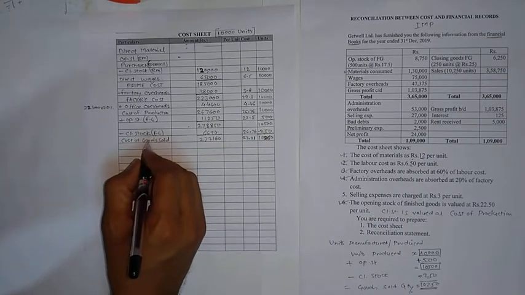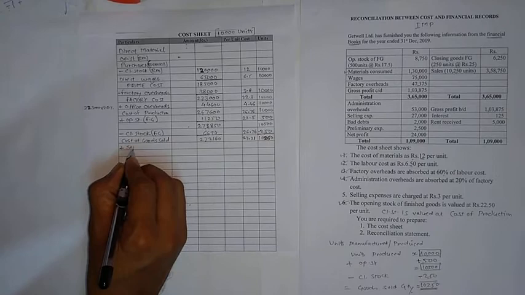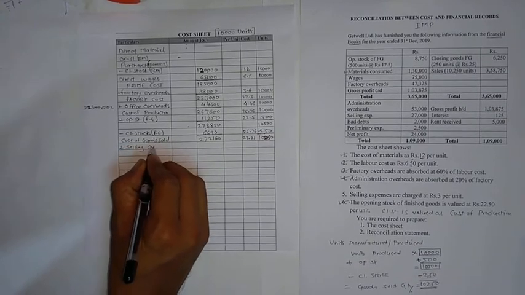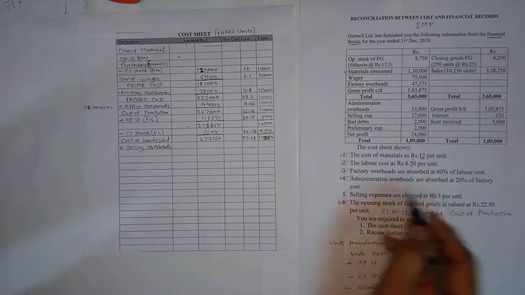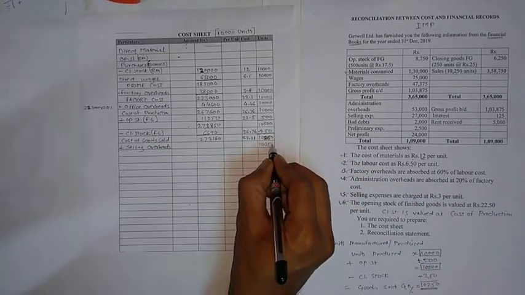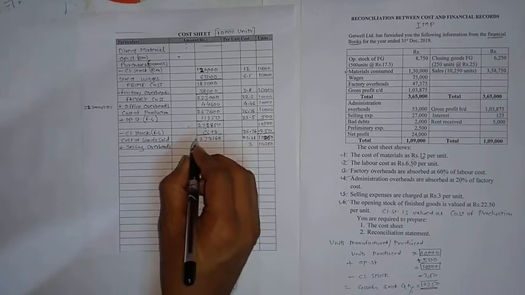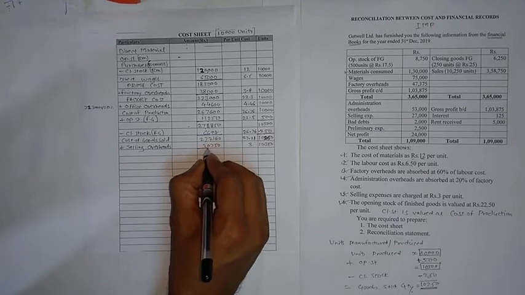Okay, so after cost of goods sold, next will be add selling overheads. Selling overheads given rupees 3 per unit. So units are 10,250 at rupees 3 per unit, which is equal to 30,750.